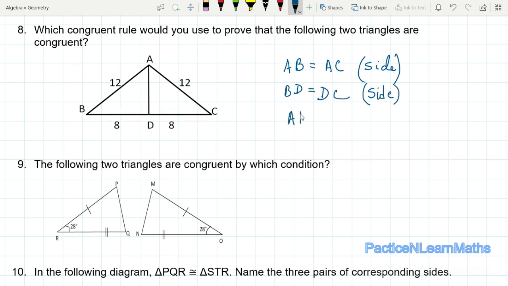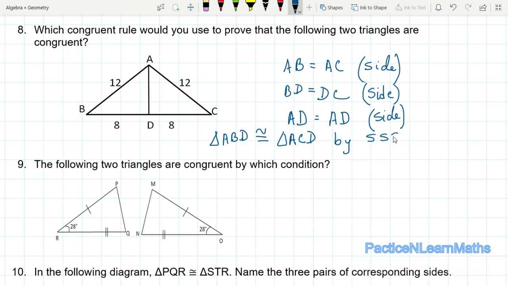AD is equal to AD, which is another side. So the two triangles are congruent. Triangle ABD is congruent to triangle ACD by SSS. These are the three S's.